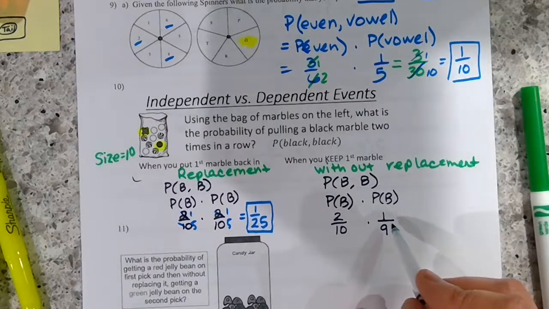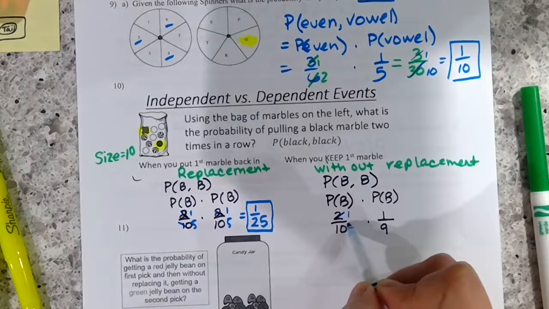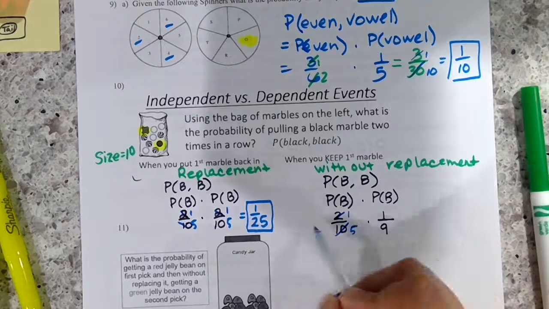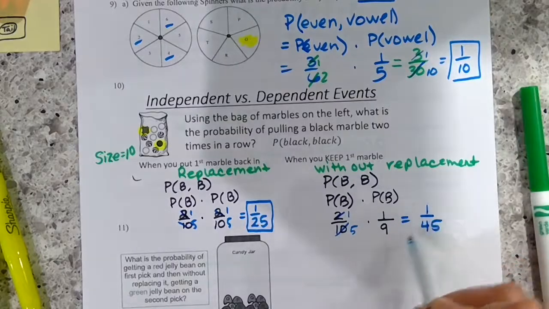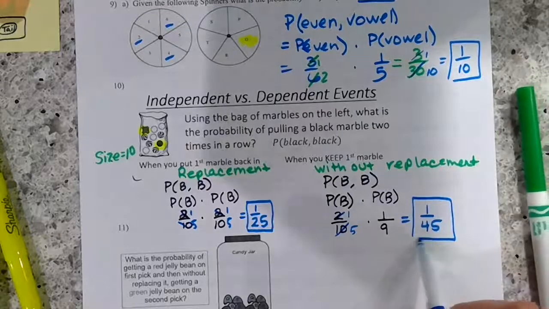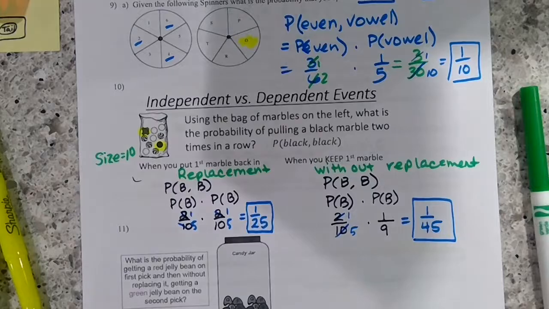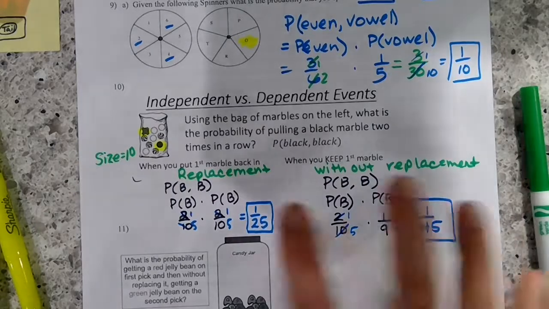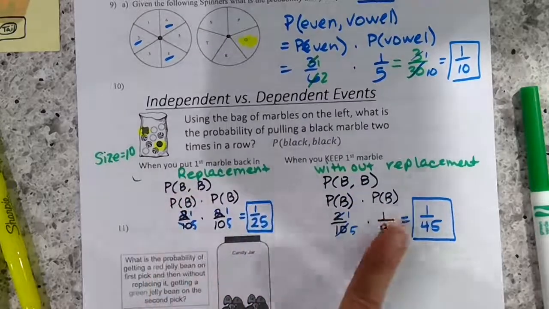The second time it was 1 out of 9. And then same thing, you're just going to multiply across. So 1 out of 45. So again, you have better chances here with replacement than without replacement. And that makes sense. Okay. I hope you understood that concept, because that's an important one, with replacement and without replacement.